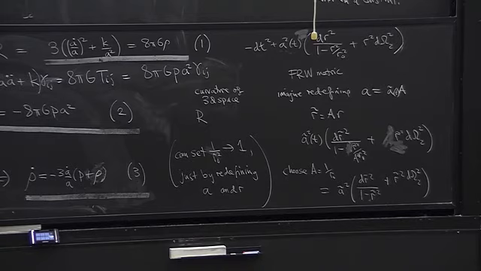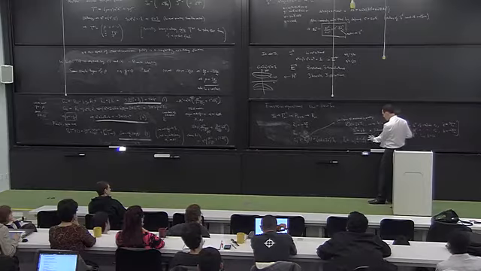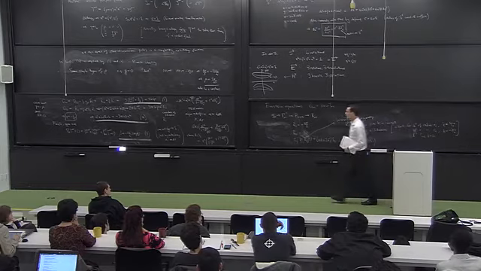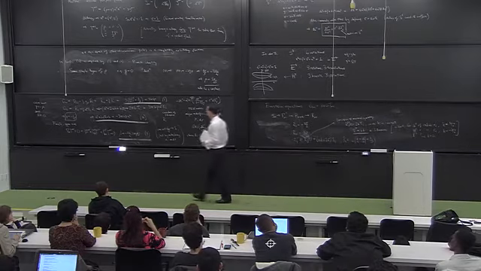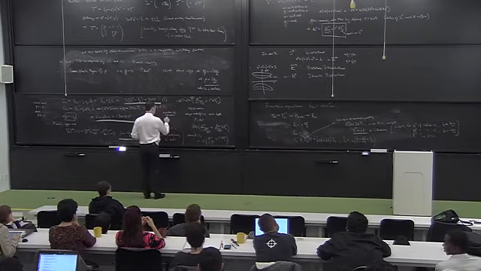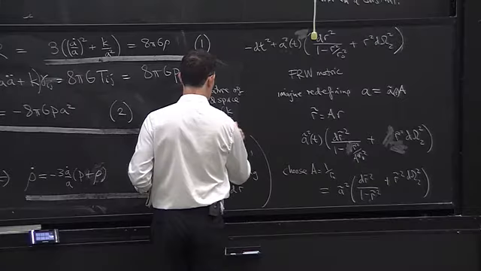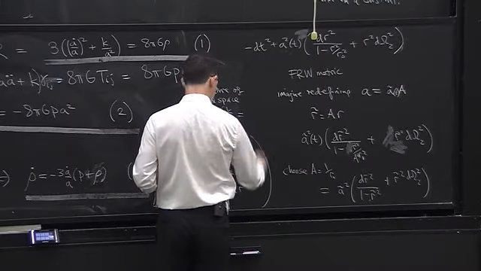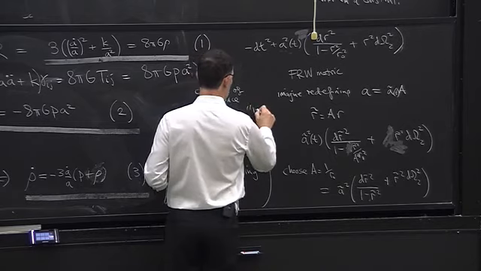Whatever coordinates I pick, whatever rescaling I do, it won't change this. So that's really the physical quantity, K over A squared. R4 is 6K over A squared, and this is like the inverse curvature radius squared.